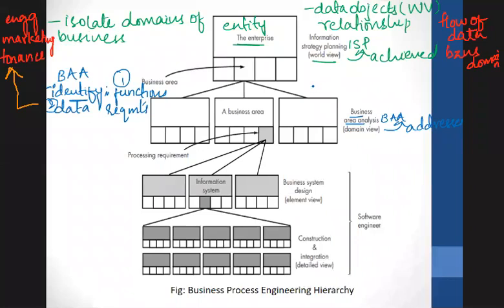It is going to identify the different data objects, their relationships, and the data flow. These are identified from the domain view point of view.